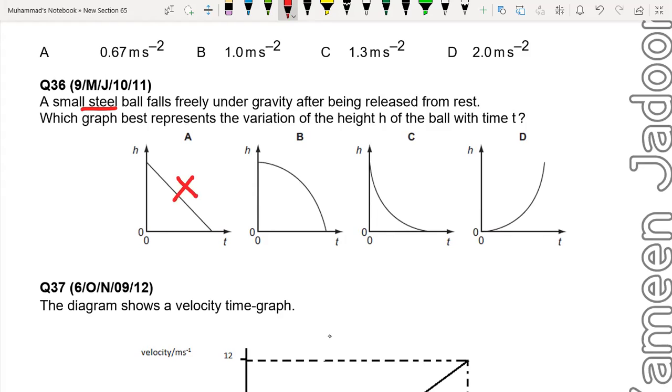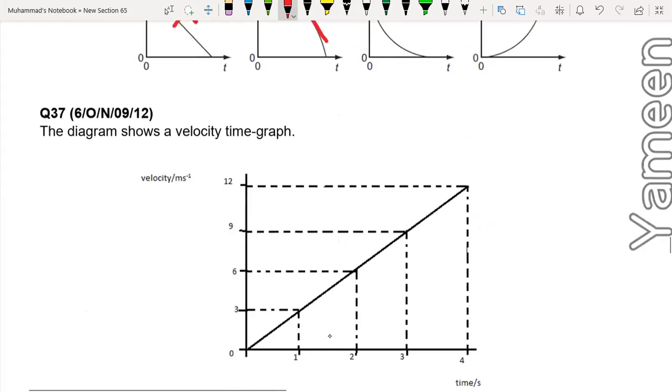The velocity should increase and it should not reach the terminal velocity. So initially the height should be some maximum value. So that's why D is not. So B is the correct answer. The gradient should increase continuously. It should not decrease.